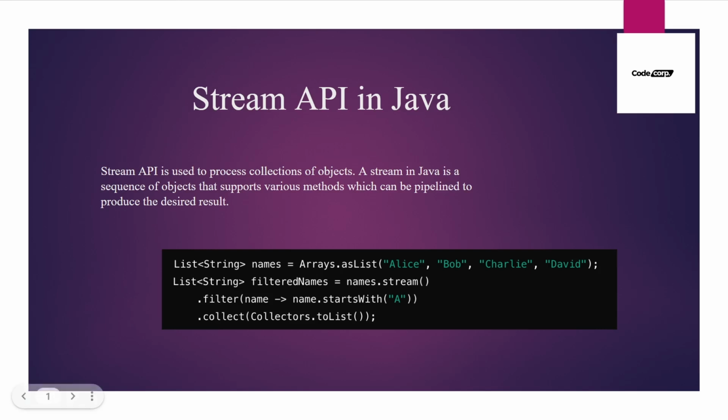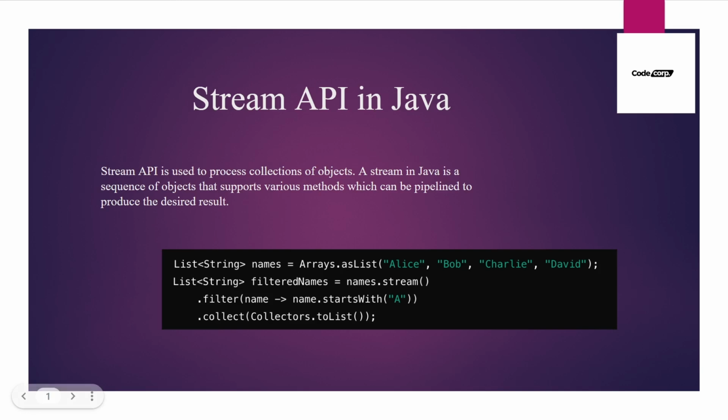Okay, as you can see in this example, we have created a names ArrayList which has these names: Alice, Bob, Charlie, David. And in filteredNames, what is the requirement? We want the names which start with A. So how do we do that? Firstly, using the dot stream method, we create a stream of this ArrayList, this collection. That is the source. Here you can see dot filter is an intermediate operation.